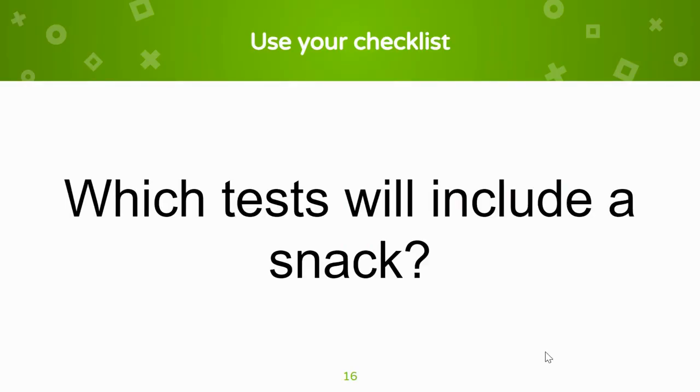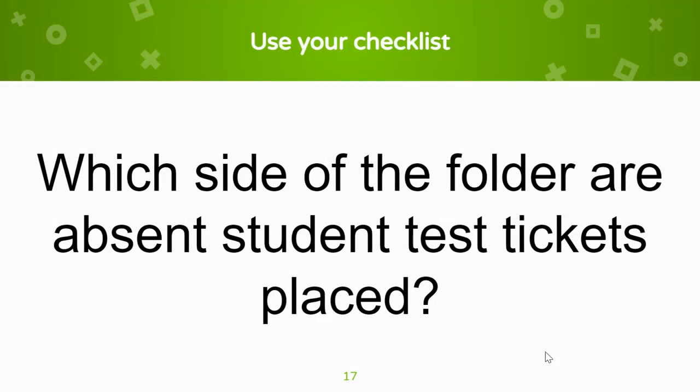Using your checklist, which tests will include a snack for the students? Also on your checklist, when you turn in your buckets, which side of the folder should you place absent student test tickets?